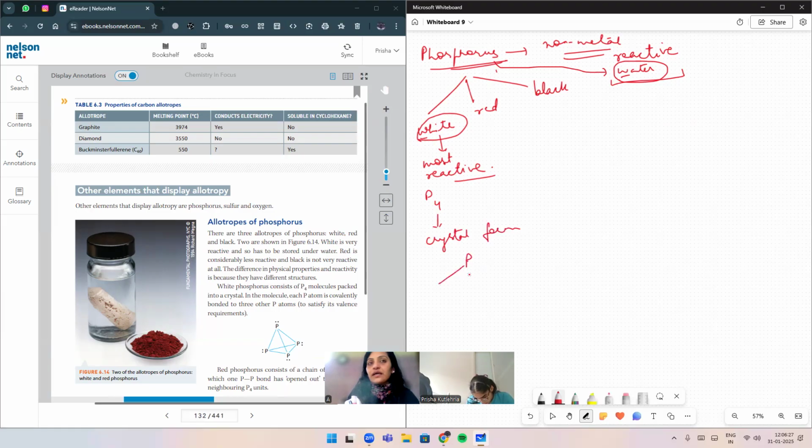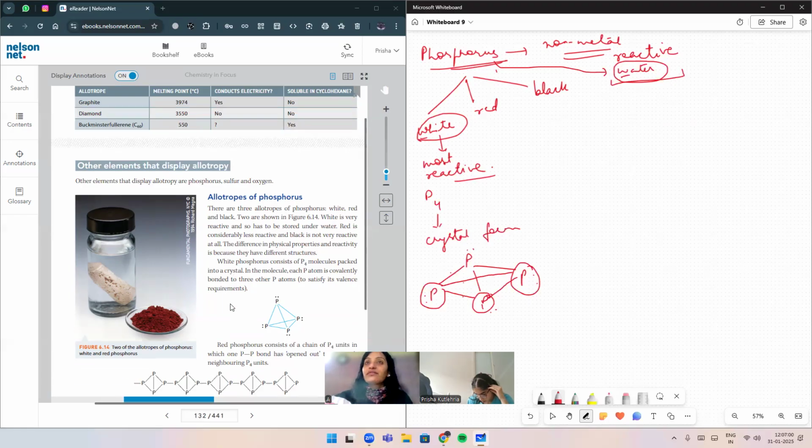This is phosphorus. It is going to be bonded by three more phosphorus, and they'll have some lone pair also. This way, this phosphorus is also attached with three more, then this one, and this one is also attached with three. So it is giving us a very stable crystalline structure, and it is very reactive in nature.